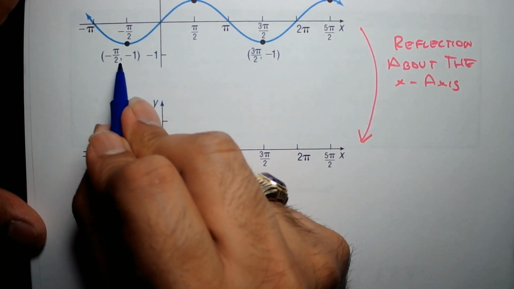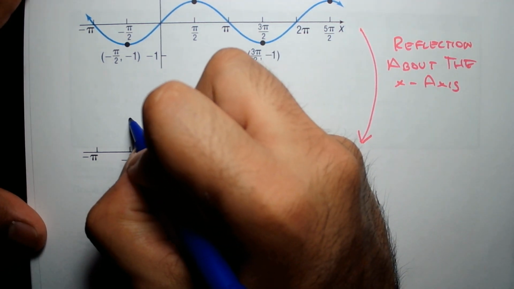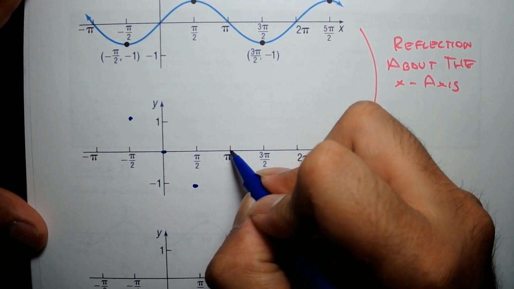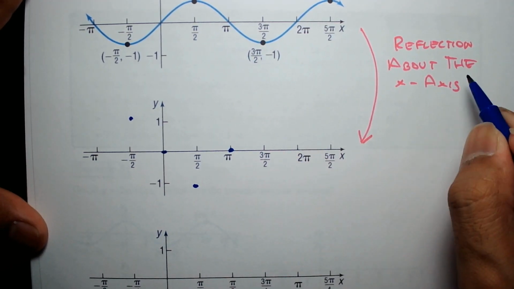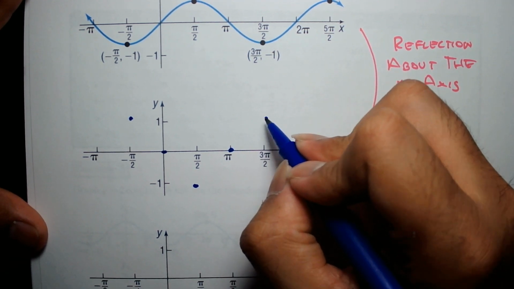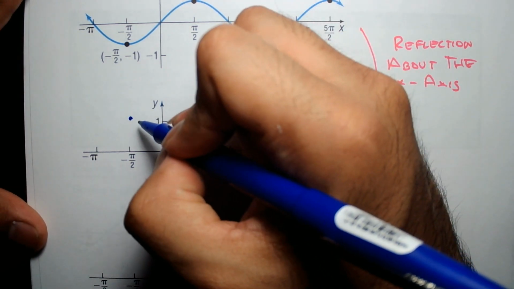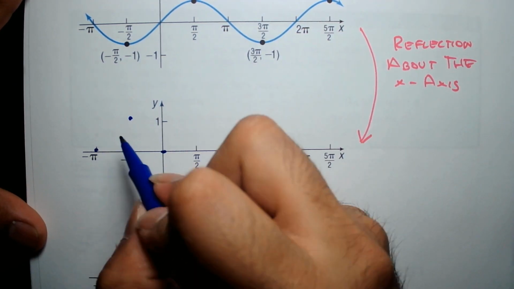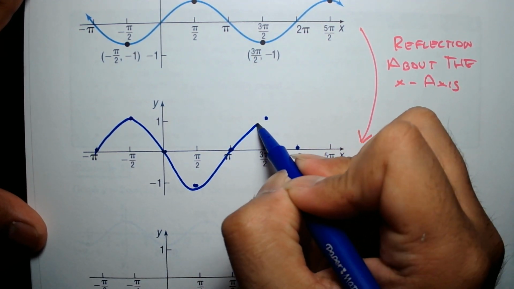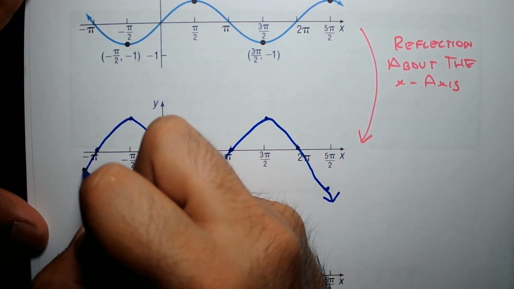Pi over 2 comma negative 1 becomes pi over 2 comma 1, it flips side. This one remains the same because 0 times negative 1 is 0, and then 3 pi over 2 becomes over here, and then 0. So this is the graph that we obtain.